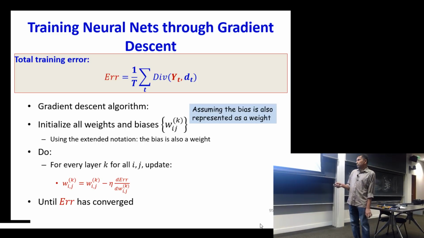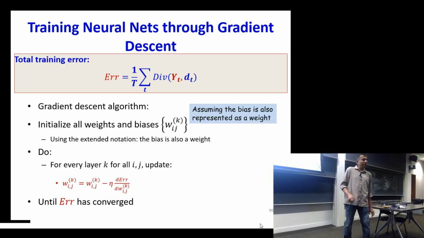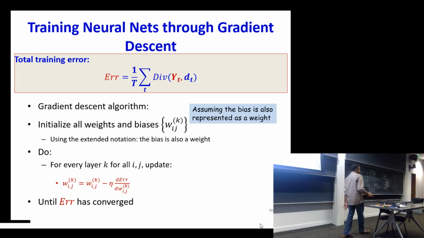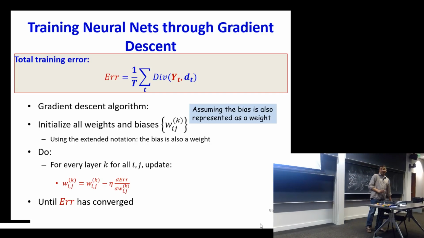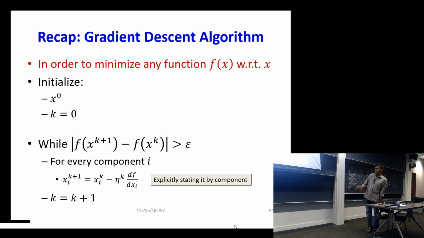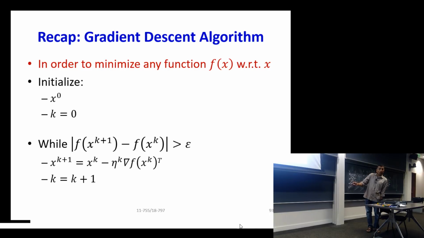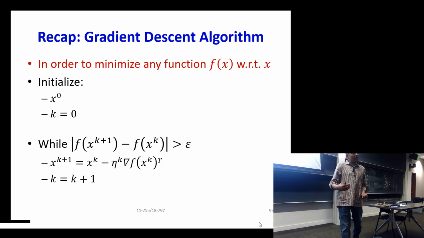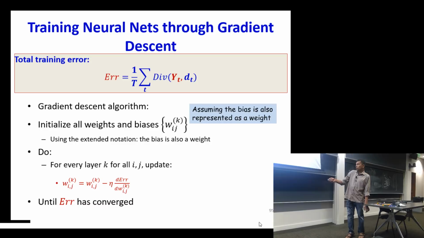The one key piece that we will have to come back to later is this term eta. Eta is the step size. If you're actually using gradient descent, observe that this step size is common for all components, because the step size tells you the length of the step you're taking against the gradient. That's going to be the same for every single component, right? That's going to come back and bite us.